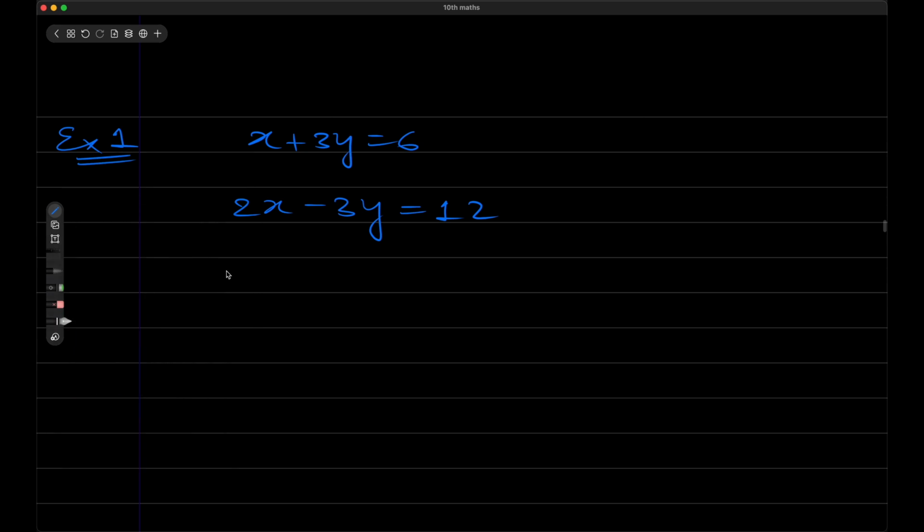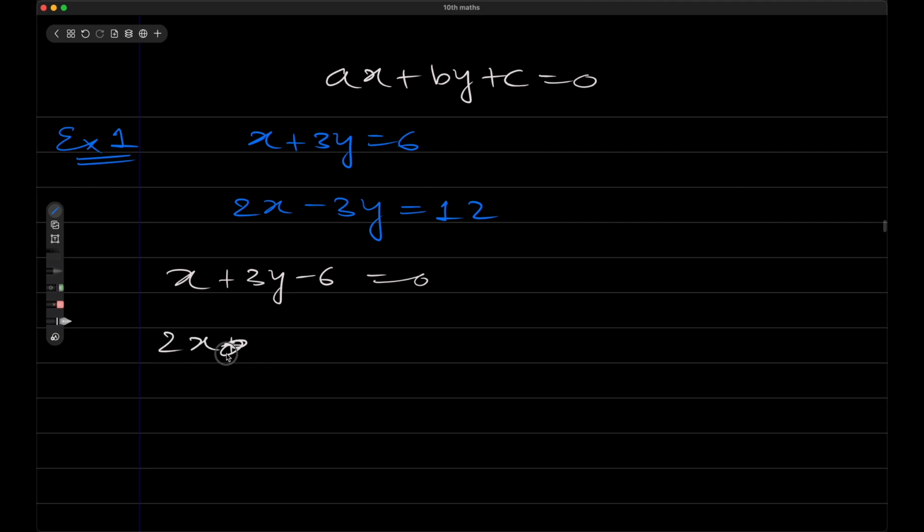First convert them into the standard form, ax plus by plus c equals 0. So for line 1 the equation is x plus 3y minus 6 equals 0, and for line 2 it is 2x minus 3y minus 12 equals 0.